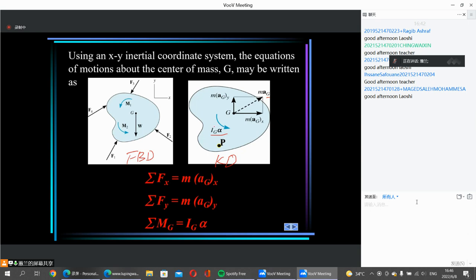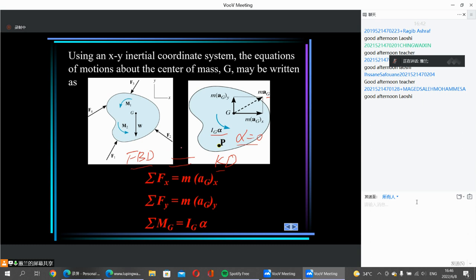Sure, for a translating rigid body, alpha is equal to 0, so we can have the special case. And so the FBD and KD are actually equivalent force systems.